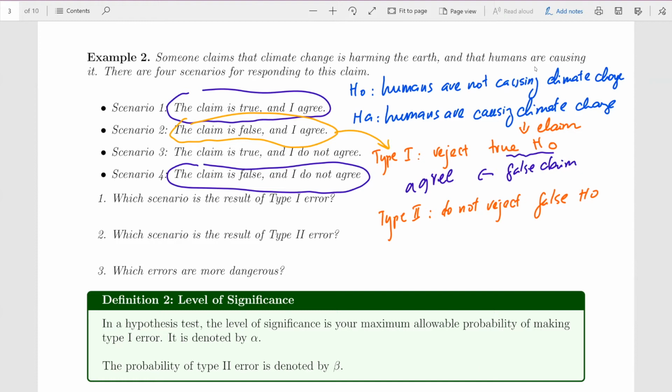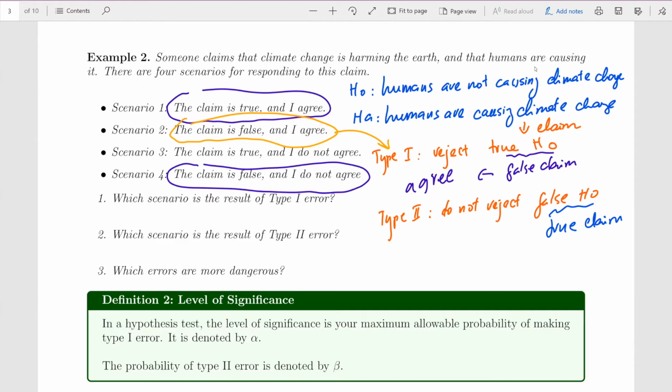Okay, well, to go to the second type, type 2 error is when you do not reject the false null hypothesis. So the null hypothesis is humans are not causing climate change and it is false. That means the claim is a true claim, right? And I do not reject the null.